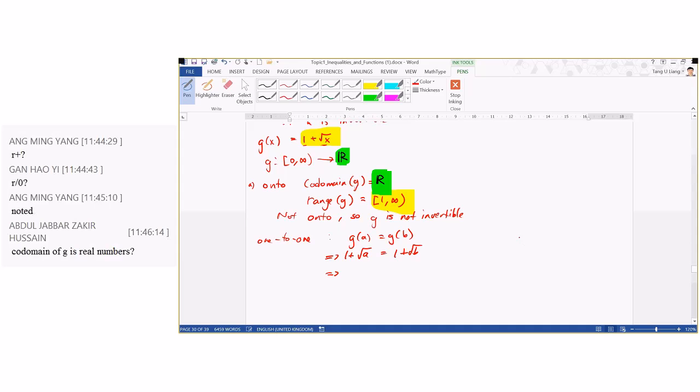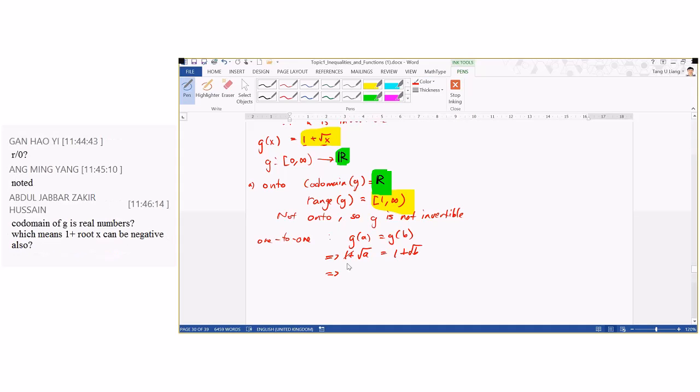Okay, for the rest, the 1 cancels, and the square root of A equals the square root of B. Now there is no problem squaring both sides. So the square root of A squared equals the square root of B squared.